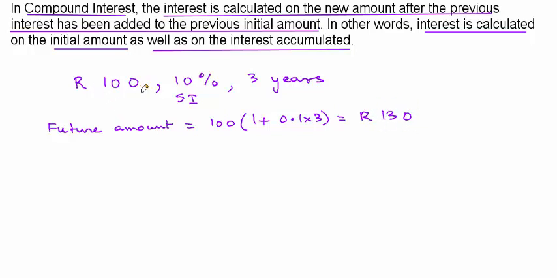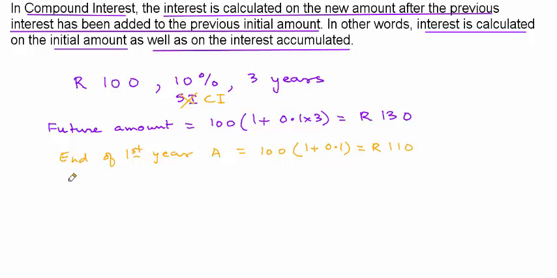Now, if the same money is deposited at the same rate for the same time period, but this time the rate of interest is compounded, it would mean that at the end of the first year, the future amount, let me just write that as A, is equal to 100 times 1 plus 0.1. So this is going to be 110 Rand.